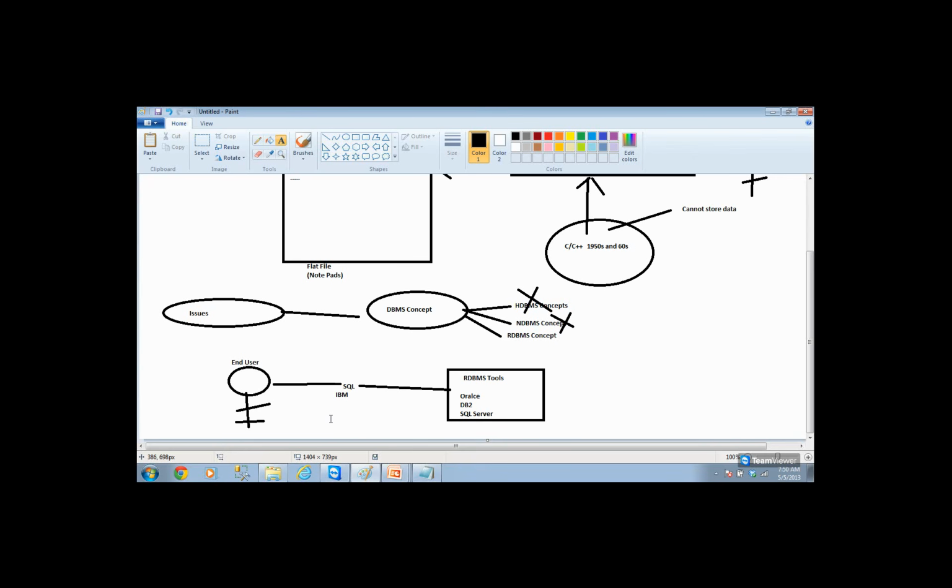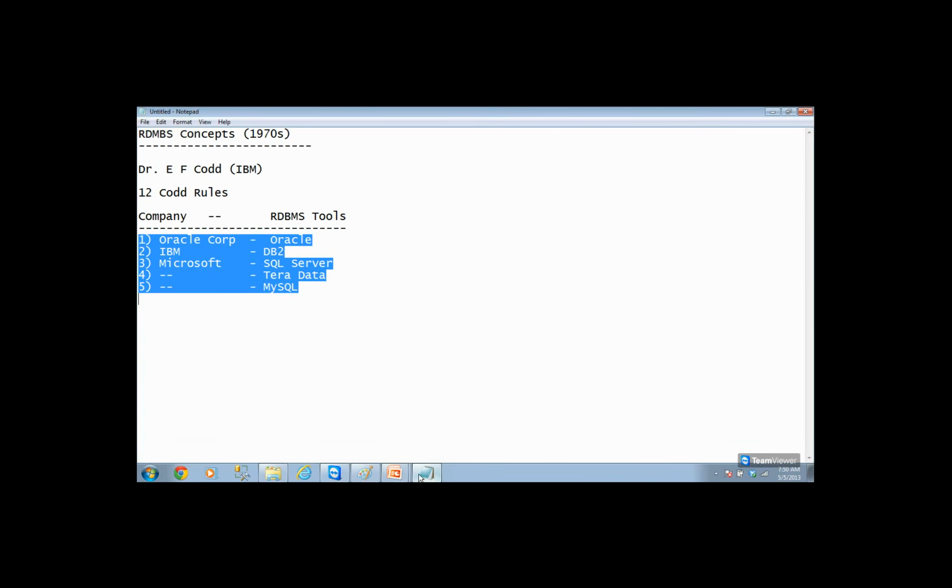Whether it is Oracle, DB2, or SQL Server, you have to use the same language. Whether you say DB, DBMS, RDBMS, or SQL, all these are synonyms. What do you do? You store the data and retrieve the data efficiently. Now Oracle says my language is PLSQL, because they modified SQL and named it PLSQL, procedural language SQL.